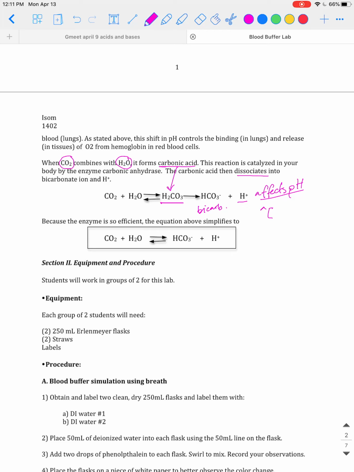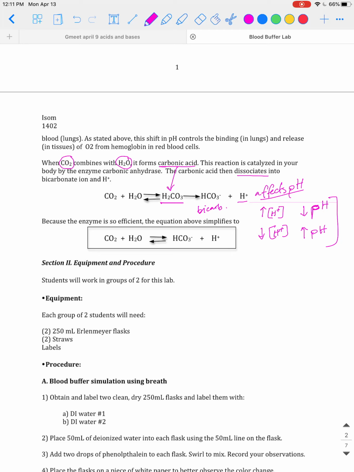The reason why H plus affects pH: as you increase your concentration of H plus, as you have more of it in solution or in your blood, pH drops, okay? pH goes down. And as we have less H plus, if it reacts with something, if it gets neutralized by something, pH raises, okay? This is very important to remember. Memorize, yes, but to know and be able to apply to this lab.